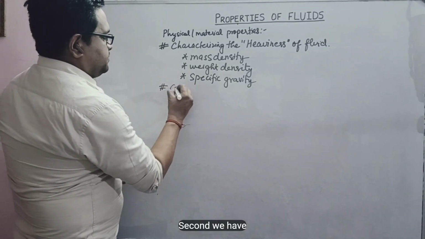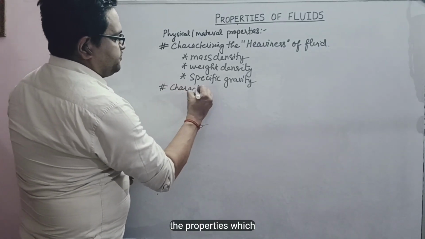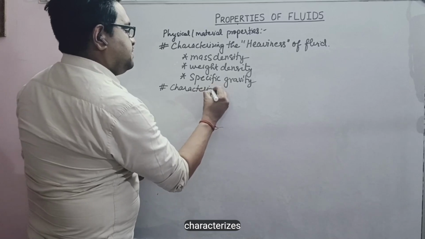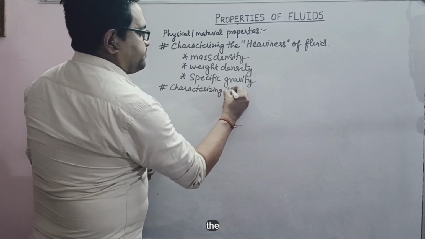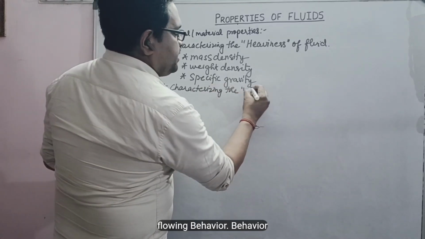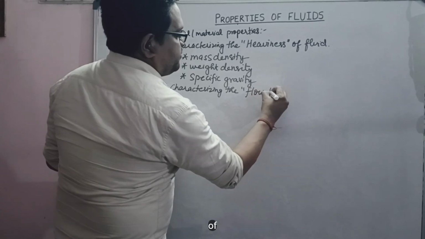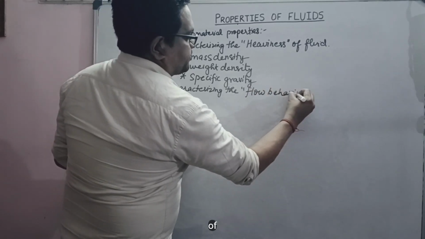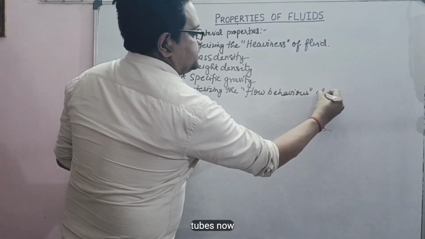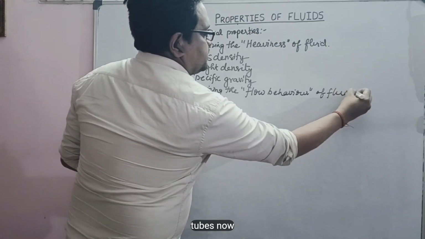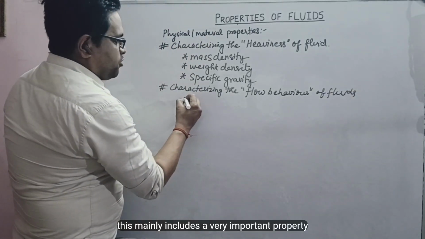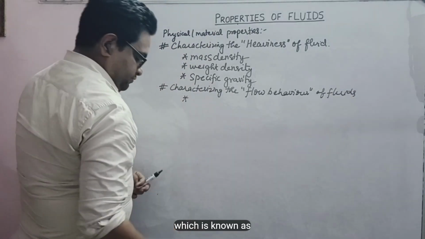Second, we have the properties which characterize the flow behavior of fluids. Now this mainly includes a very important property which is known as viscosity.